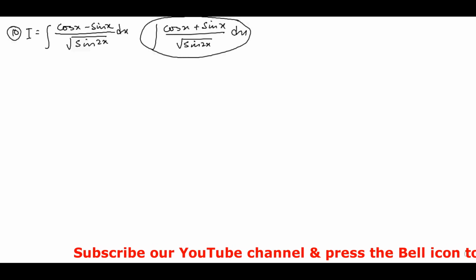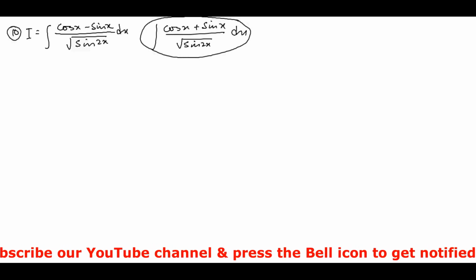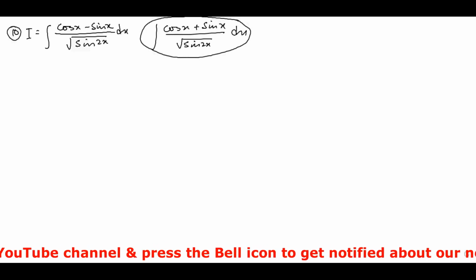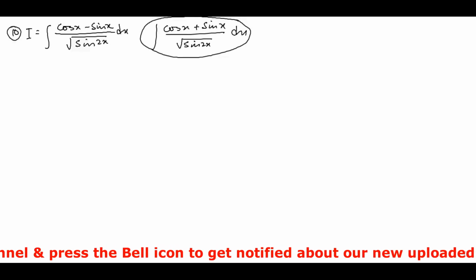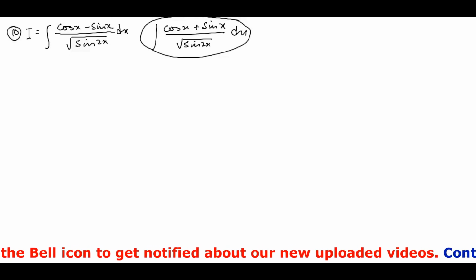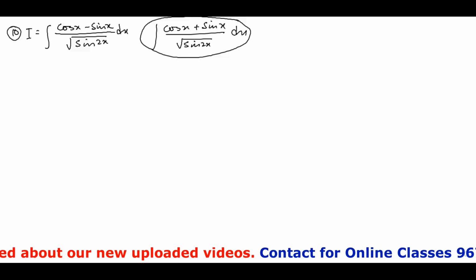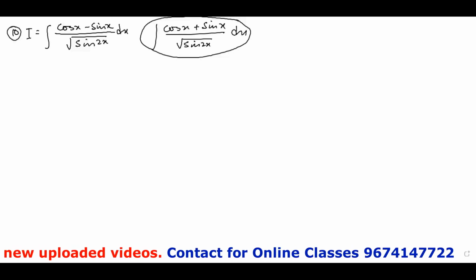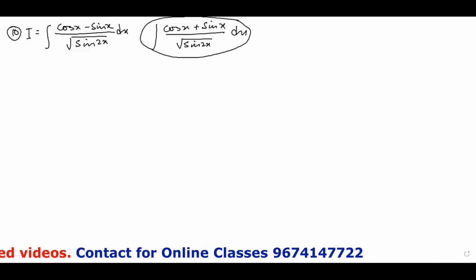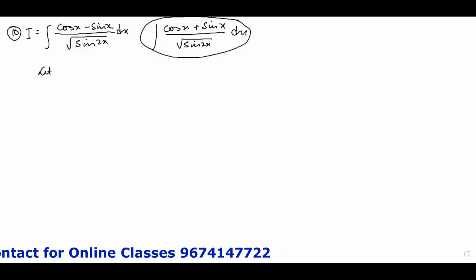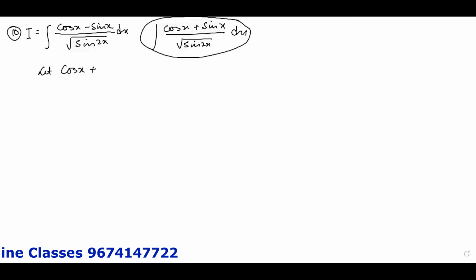Remember one thing, that whenever you find that cos x minus sin x or cos x plus sin x is there, whatever there is in the numerator, you take the opposite sign of the expression that is given in the numerator. In our problem, we are having cos x minus sin x. So in this case, we will assume let cos x plus sin x is p.